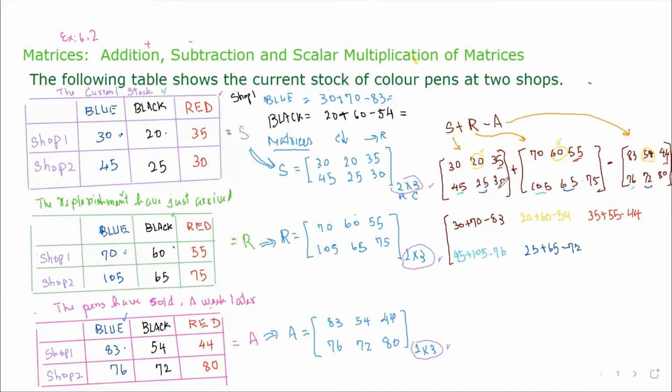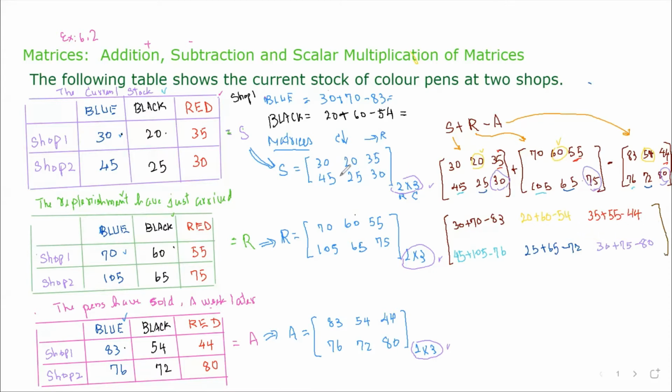This one, 30, 75, 80. So the last one gonna have 30 plus 75 minus 80. Okay, so now we have all the elements here. Now we just simplify.